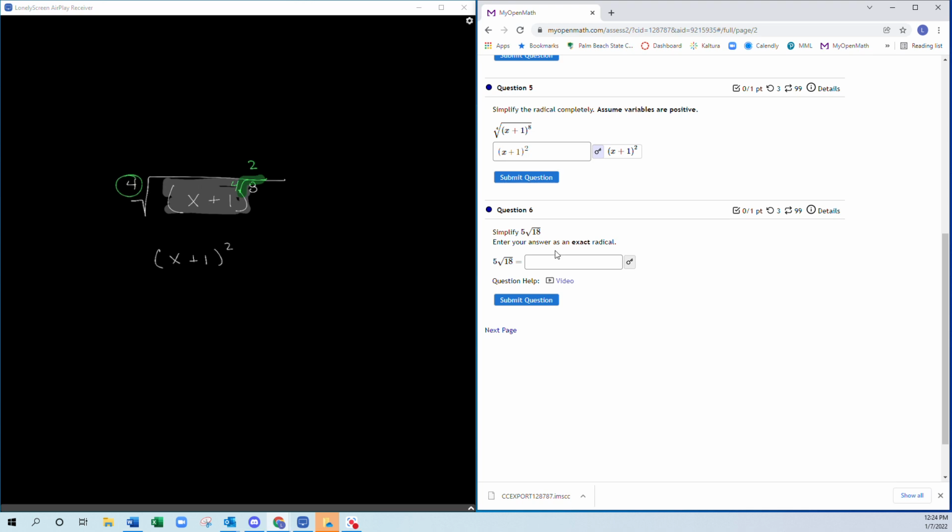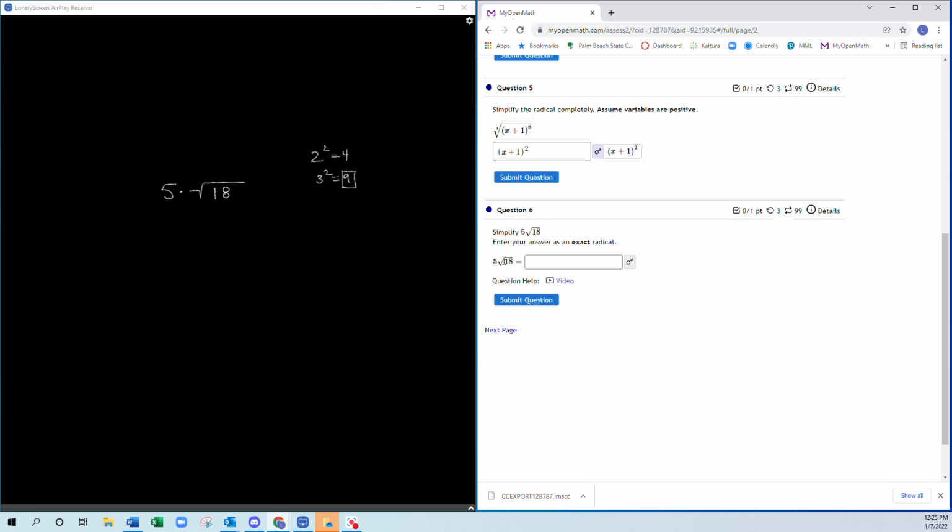All right, so there's a little bit of difference with question 6. With question 6, you have a number already on the outside. We've talked a little bit about this briefly, but what happens here is this is being multiplied times everything that is underneath the radical. I go back and I think, well, I know that 2 squared is equal to 4, 3 squared is equal to 9.